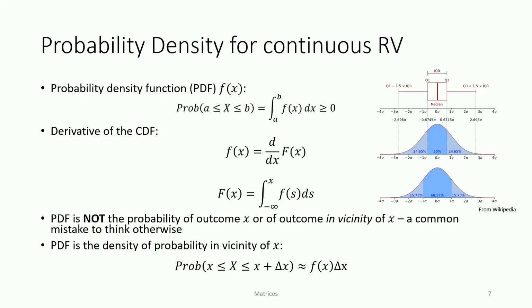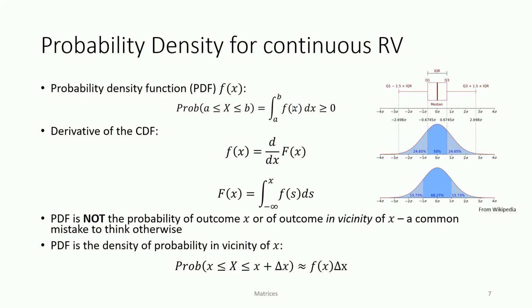So let's think of a probability density for a continuous random variable. The probability density function is a conventionally looking function for continuous random numbers, and it's actually defined through probability, right? The probability that your observed number will be between A and B turns out to be an integral of this density function.